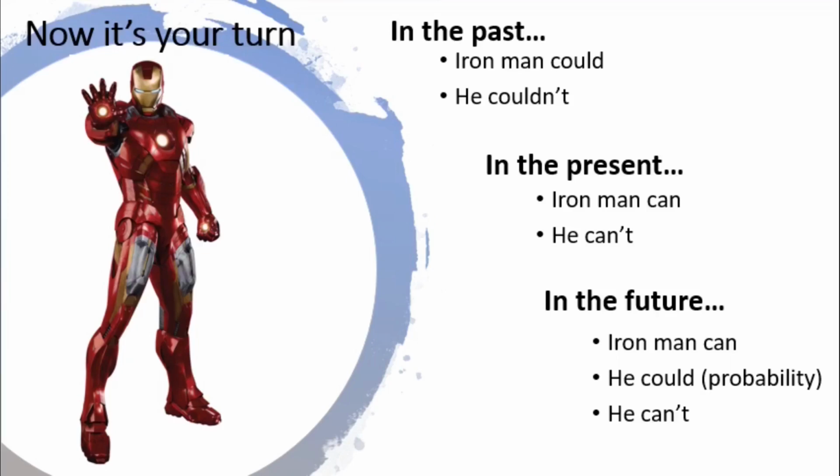In the present, Iron Man can fly with his special suit, but he can't sing very well. In the future, Iron Man can fight crime. He could probably even go into space, but he still can't sing very well.